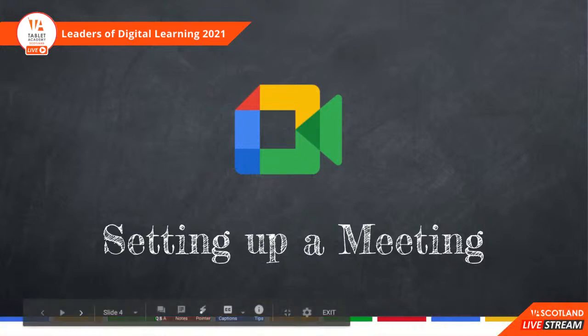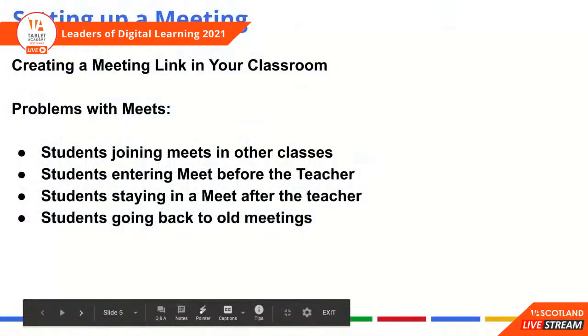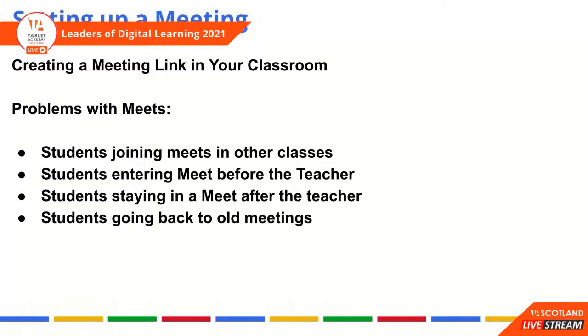Right, so setting up a meeting. Common areas of concern generally, a lot of having a live interaction with students. There's been some problems. Now, some people have been a bit concerned about students joining the meets in other classes.